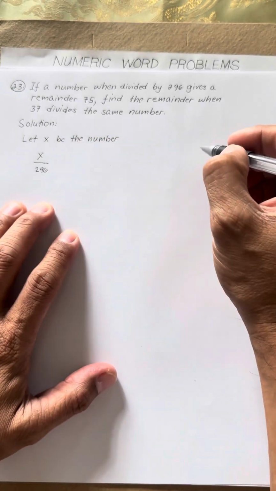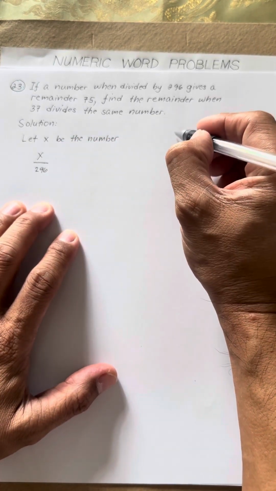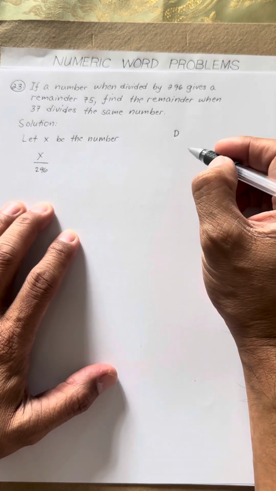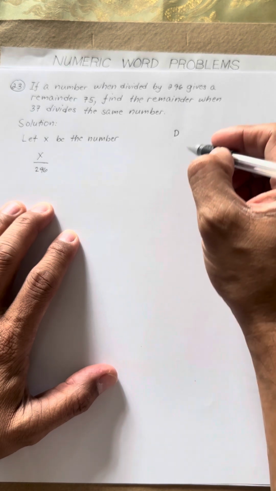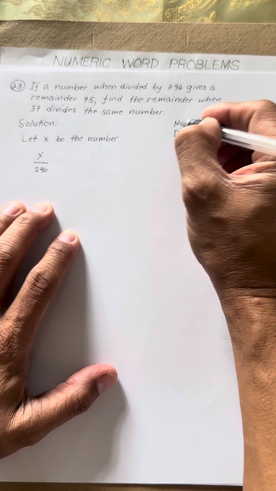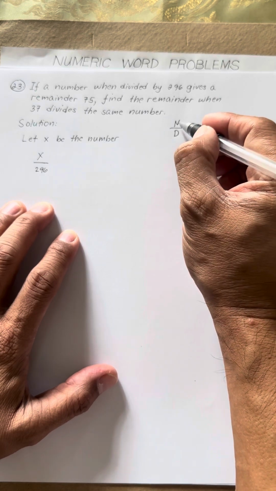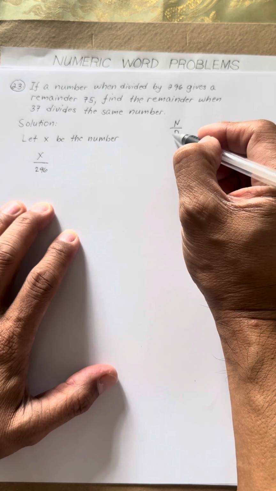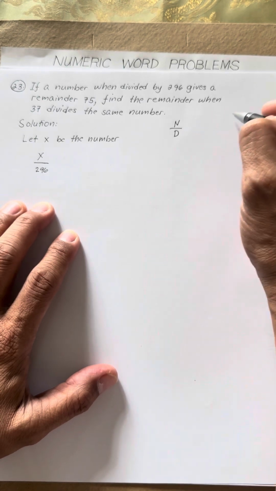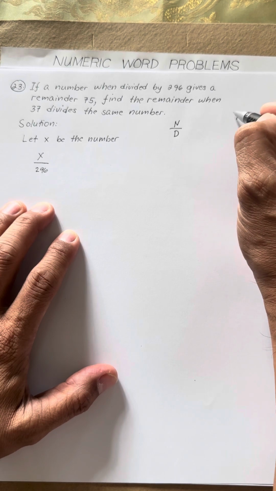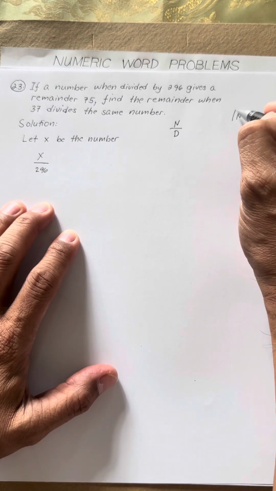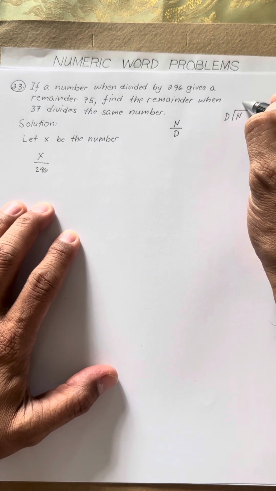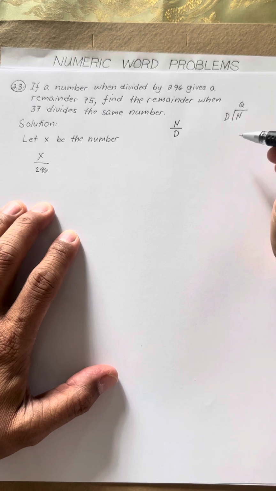Before we proceed with this one, let us remember the basic concept that if you have n divided by d, numerator, denominator, this one is called the dividend and this one is called the divisor. And when you divide n by d, the result here is called q.